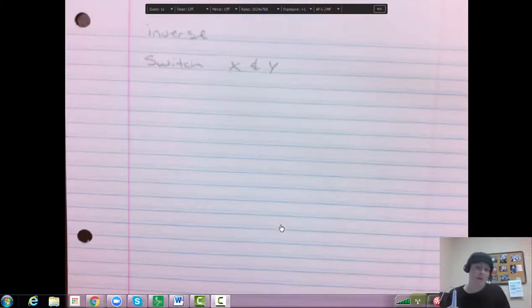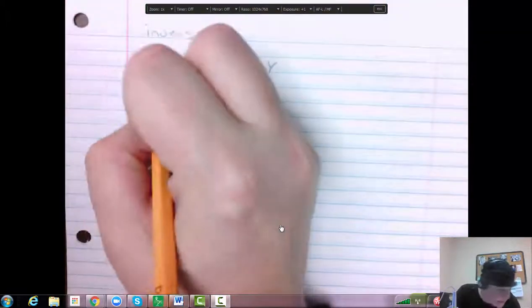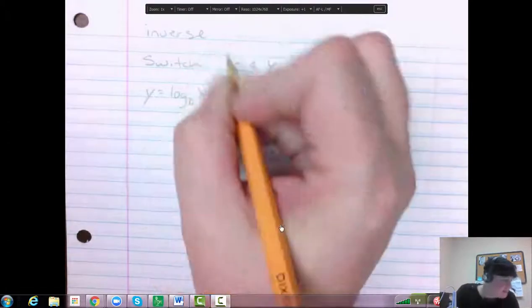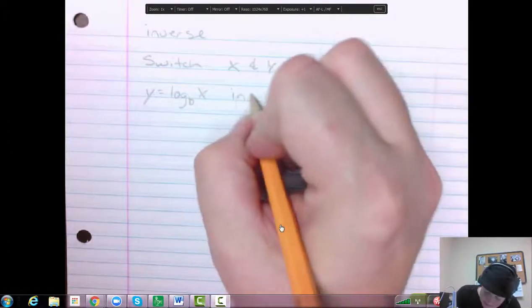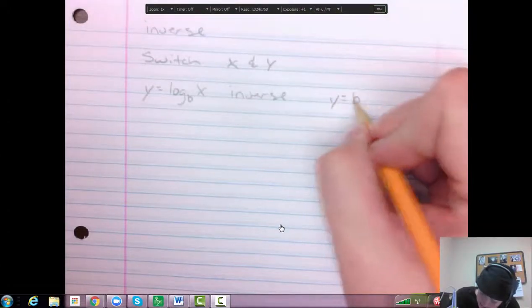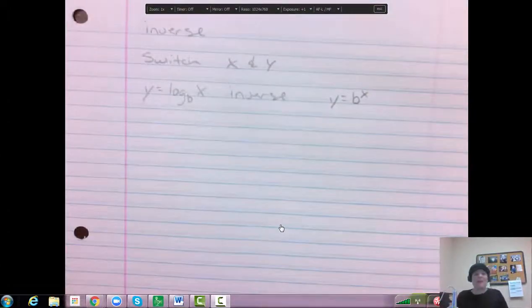So it works that way with graphing, and they have a formula for it that they give you at the beginning, where they tell you that y equals log base b of x has the inverse y equals b to the x.